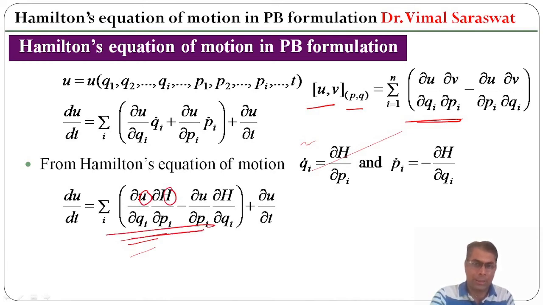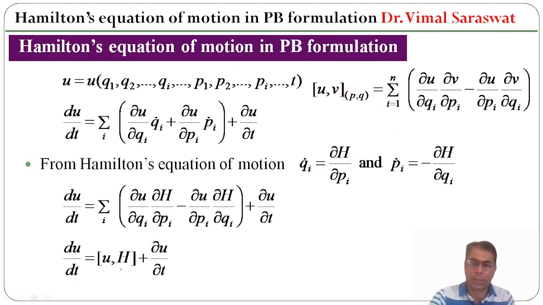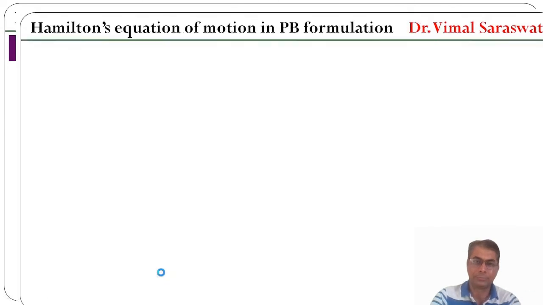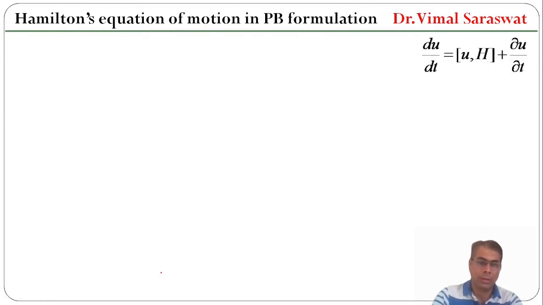So this is actually the Poisson bracket of u and h with respect to p, q. So du by dt is equal to the Poisson bracket of u and h plus del u by del t. Now this is our du by dt.